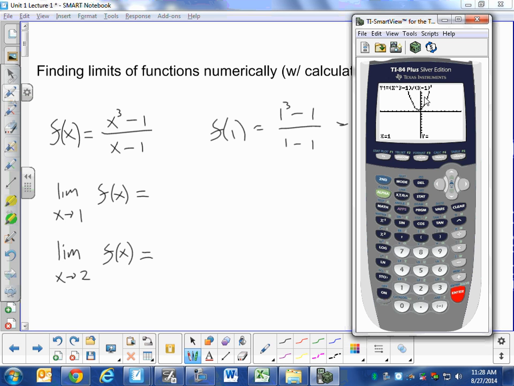Maybe we look at the table. Let's go to the table. Well, our table goes from 0, 1. It tells us that I don't have a function value at 1. There's that error. And then it goes to 7. So maybe we say, all right, it's somewhere in between. But I need the exact value. So that's good, but not great.